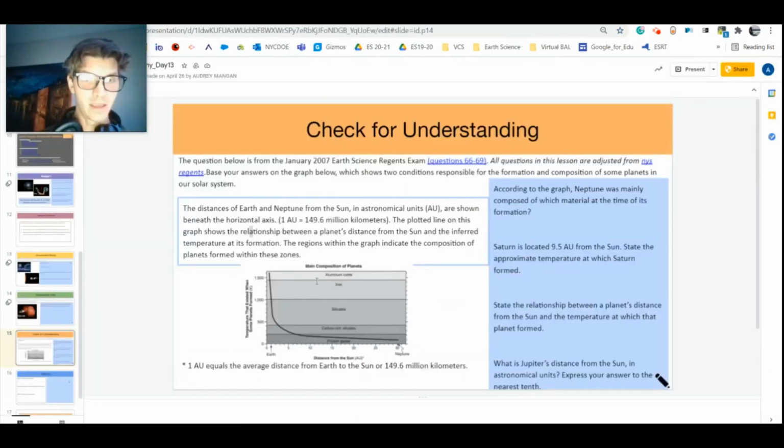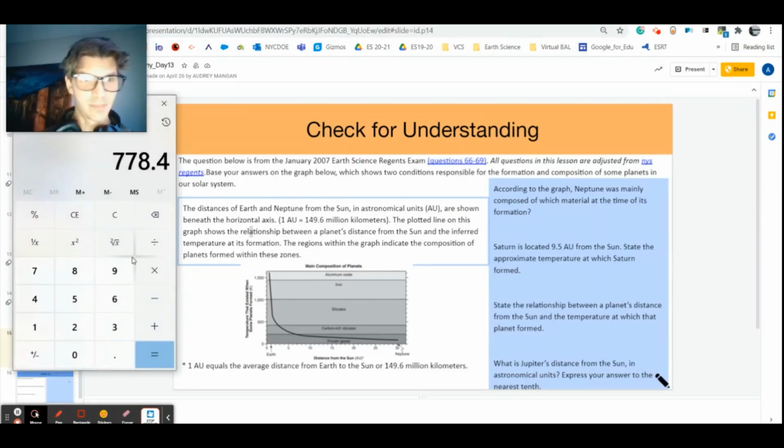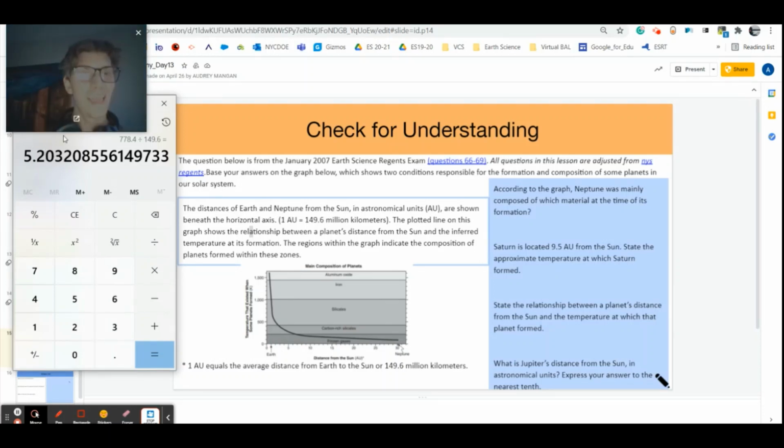And the value for 1 AU is also given in millions of kilometers. So I can just divide this by 149.6. And there is my value for Jupiter's distance from the sun in astronomical units. To the nearest tenth, since that's a 0, we would just have 5.2 AUs.